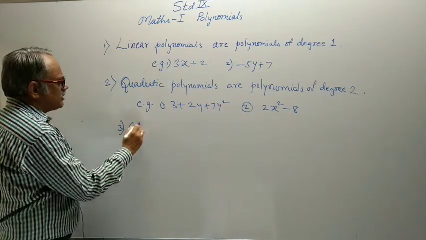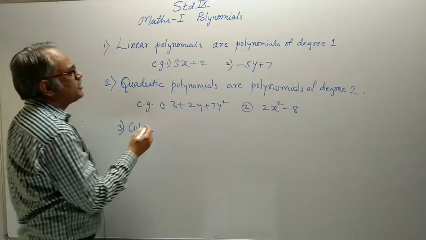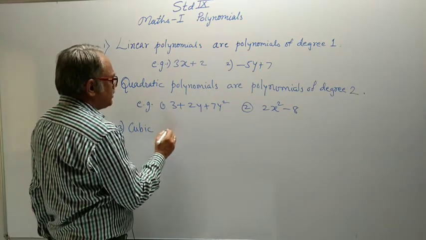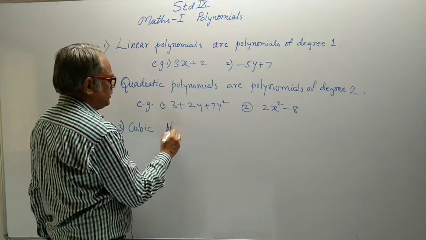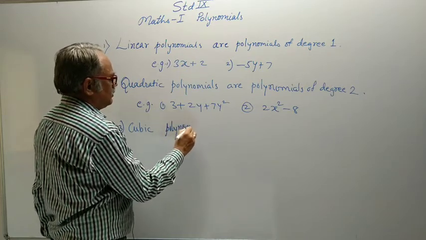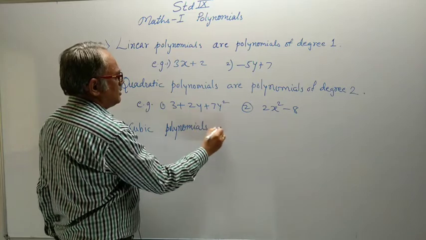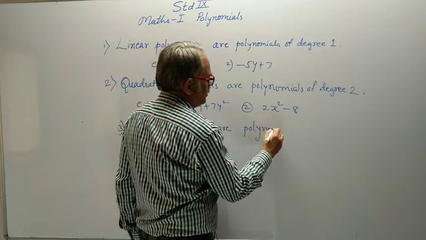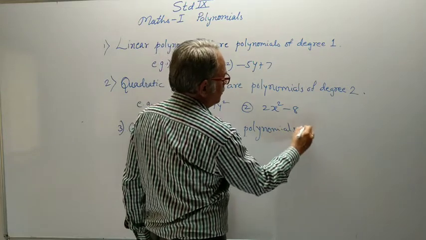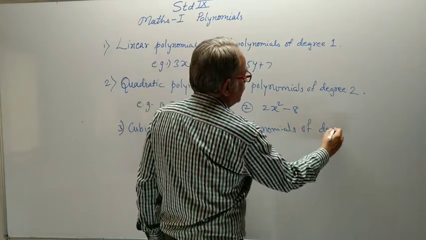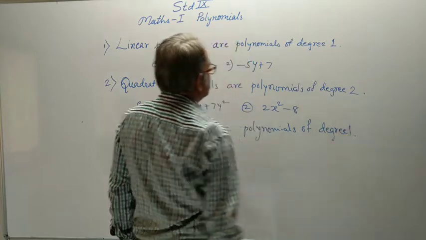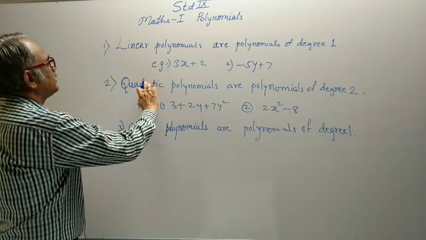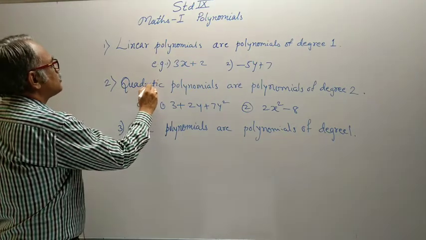Cubic polynomial, name itself suggests cubic means cube is there. Cubic polynomials are polynomials of degree 3. If degree is 1, linear. If degree is 2, quadratic. If degree is 3, they are called cubic.